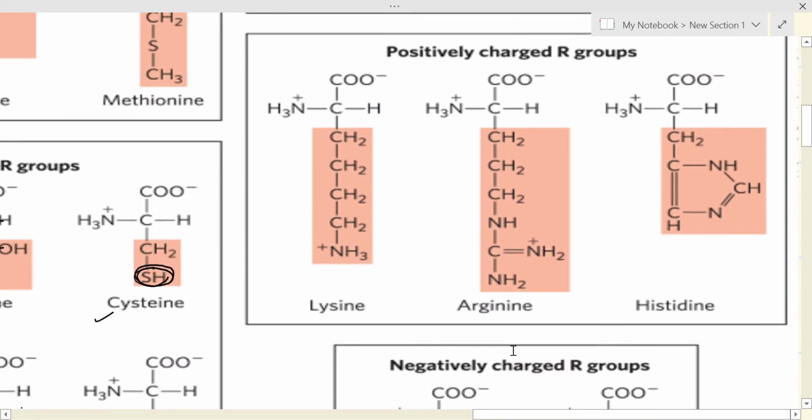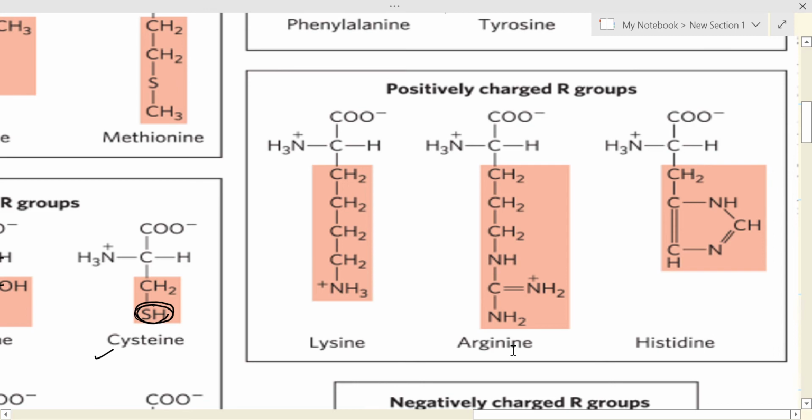Now we have positively charged R groups. Positively charged means they are basic in nature, basic amino acids. Why basic?